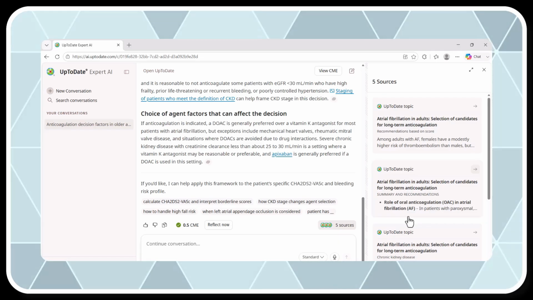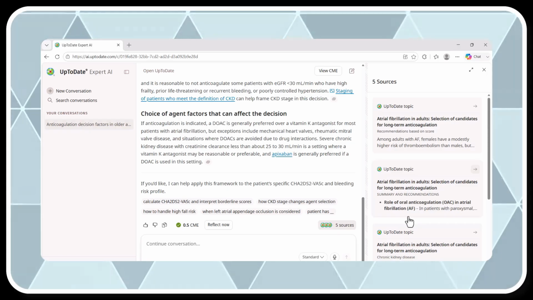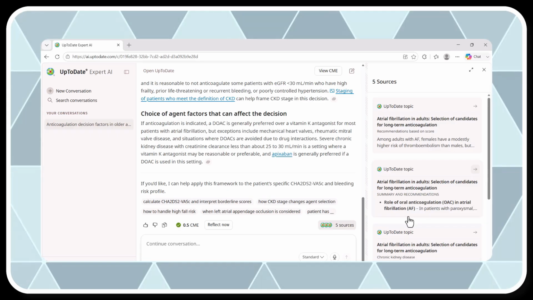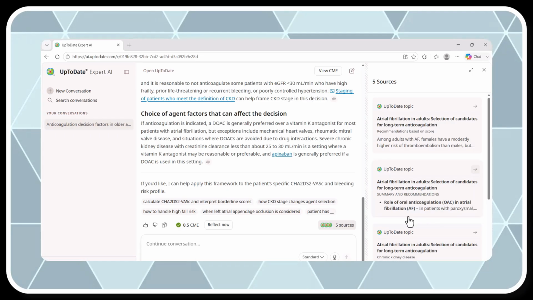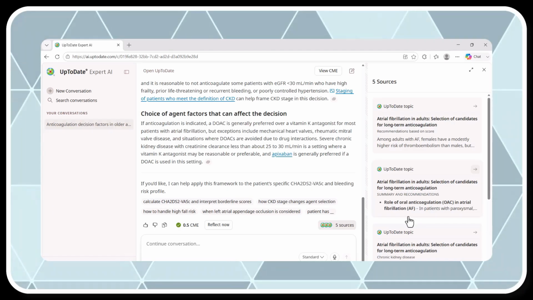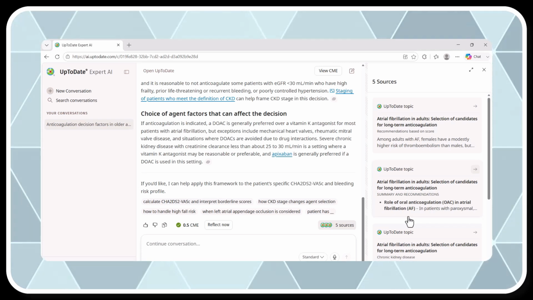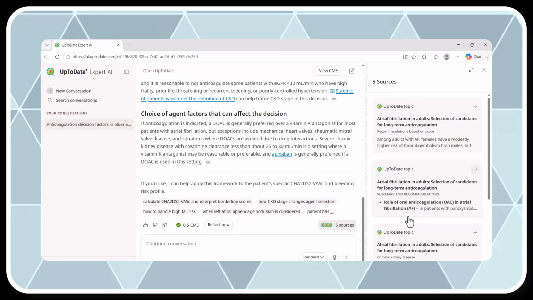So after reviewing the AI-generated response, we can explore the underlying UpToDate information and examine the relevant clinical topic in greater detail. This creates a useful workflow from clinical question to AI clarification, then refine the scenario, then clinical response, and then review supporting information.